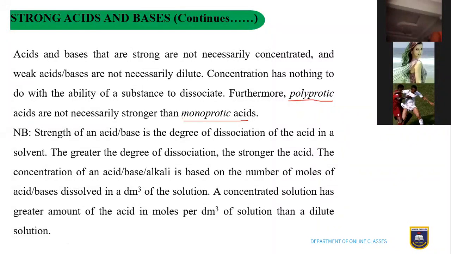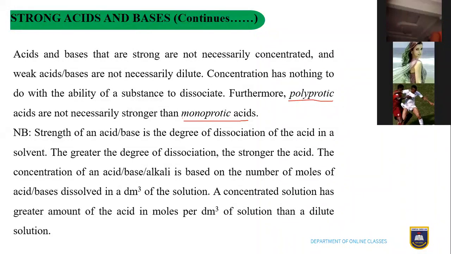A strong acid dissociates completely or fully. A weak acid dissociates partially. You understand? Strength of the acid is the degree of dissociation. If that degree of dissociation is complete, then we say it's a strong acid. If that degree of dissociation is partial, then it makes the acid a weak acid.